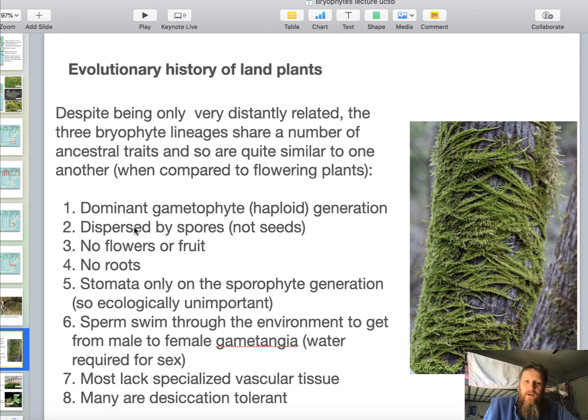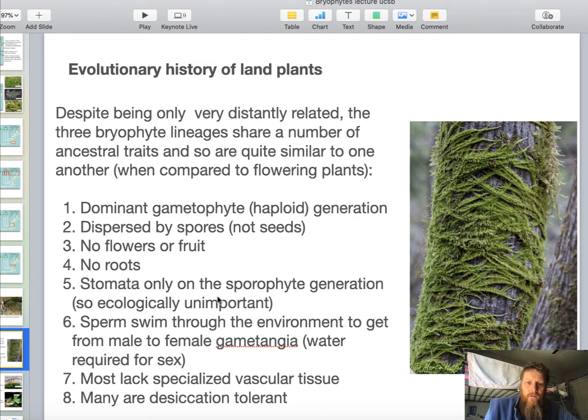Bryophytes have a dominant gametophyte or haploid generation, and we'll talk about life cycles in a minute. They're dispersed by spores, so unicellular spores, not seeds. This is something they share with the ferns and the lycophytes. They do not have flowers or fruit, again similar to ferns. They do not have roots, so this is a difference between bryophytes and ferns and lycophytes. The latter two do have roots.